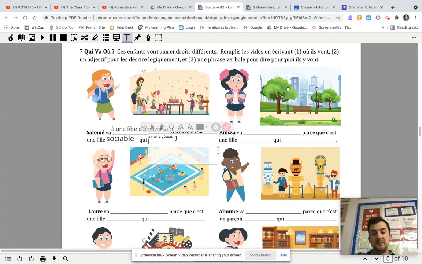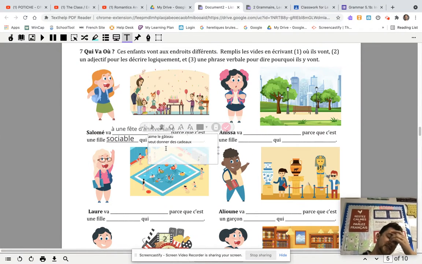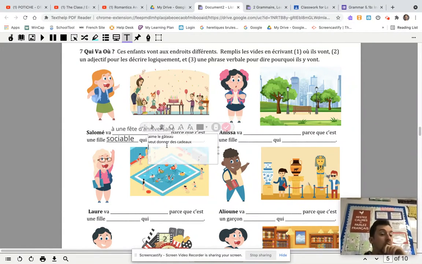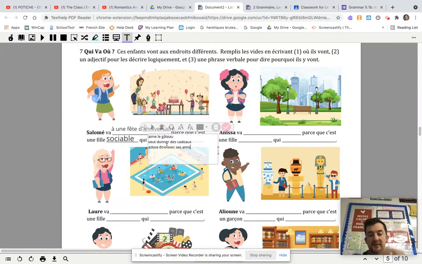You could also say something like qui veut donner des cadeaux, who wants to give gifts, or qui adore être avec ses amis, who loves being with her friends.